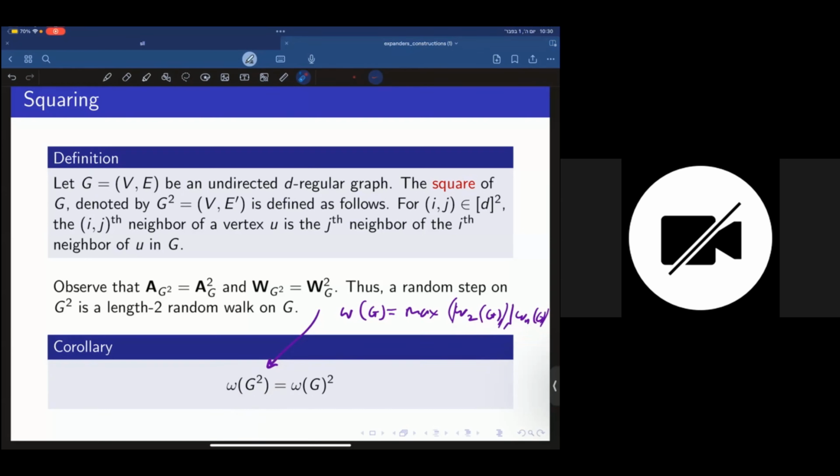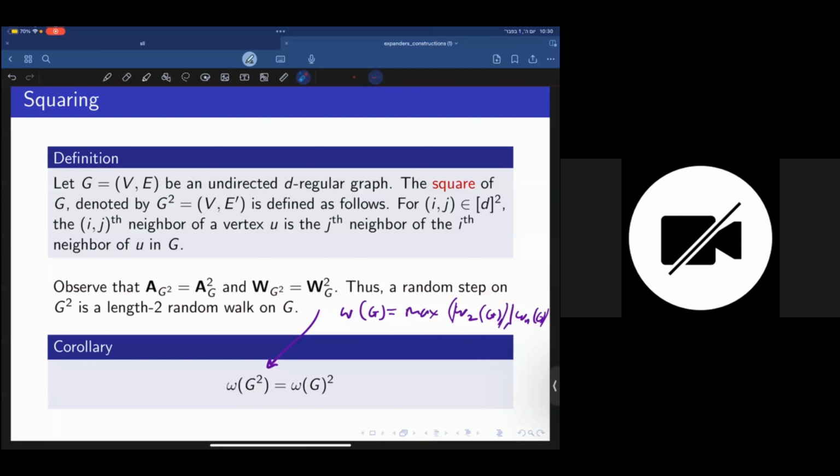It could be that omega n was a negative thing in G, but its absolute value was larger. And now when you take the square, it is the one that actually becomes omega, like in a bipartite graph. If you have a bipartite graph, then omega n is -1. And when you square, what do you get? 1.